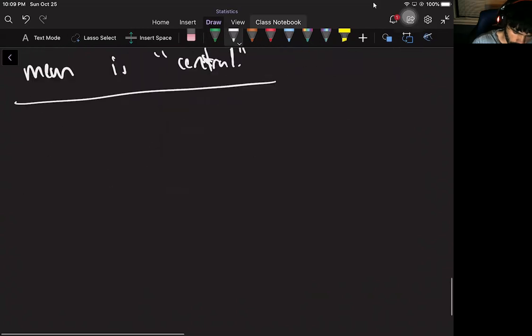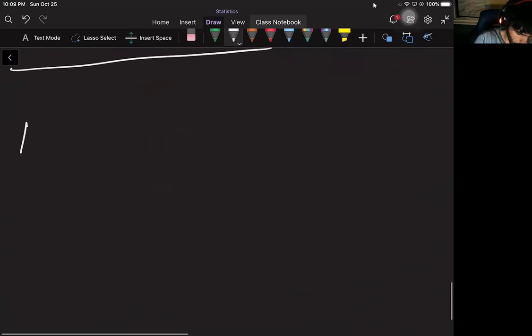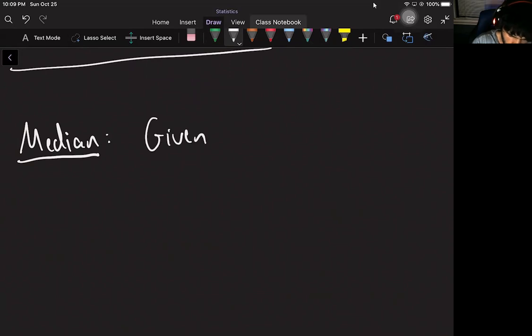Now on to the median. All right, so same idea. If you just have a list of numbers or a data set, then what we want to do is calculate this other number or find it.